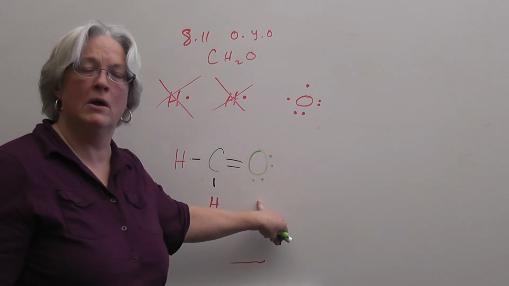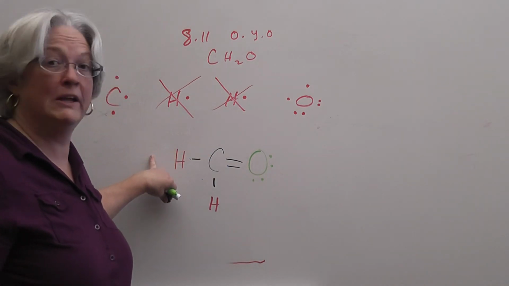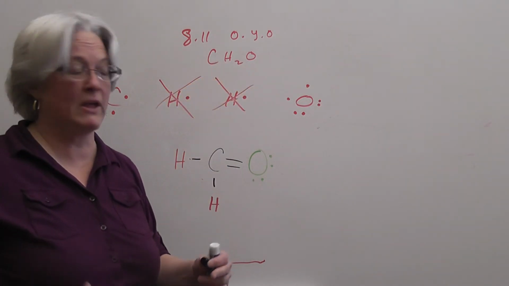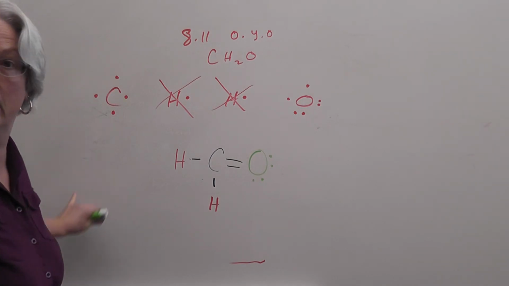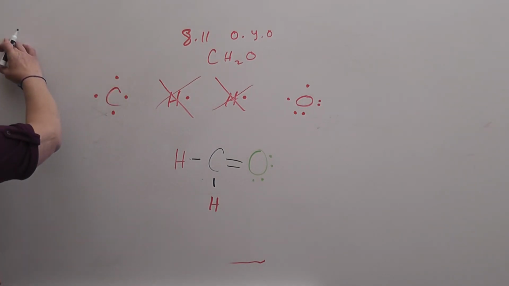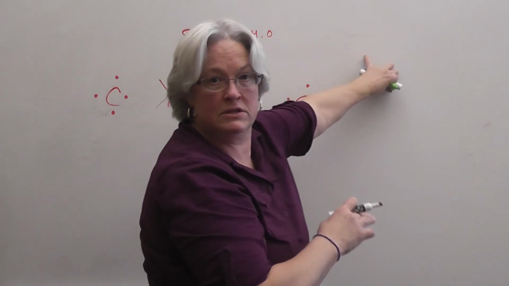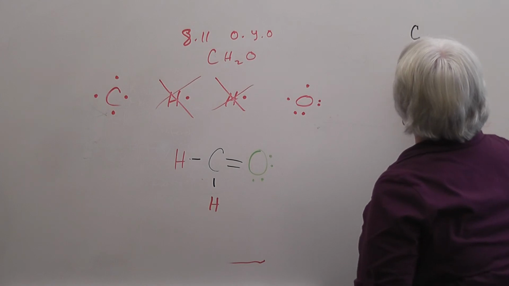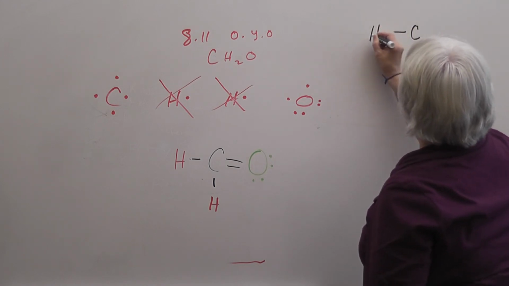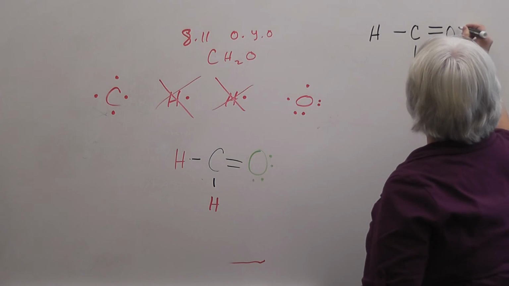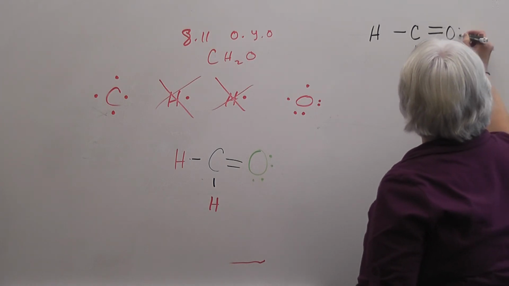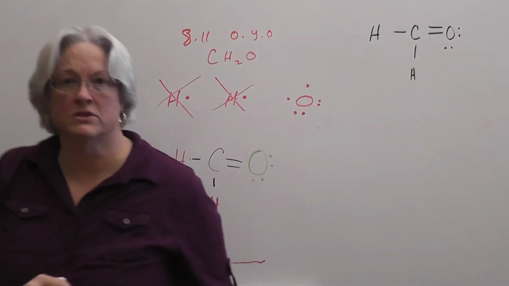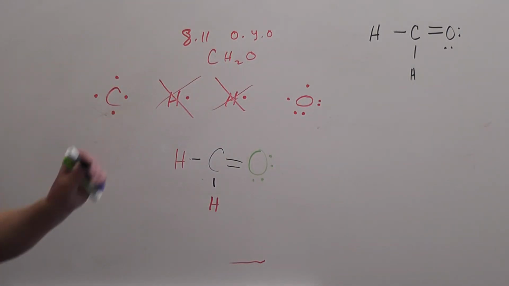This right here is the complete Lewis structure for CH2O. I don't know what that name is, but I do want to go ahead and write this one up over here to the side. Okay, so we have C, H, H with a double bond to O and 2 pairs of electrons. Let's see if that all shows up. Yep, that all shows up.